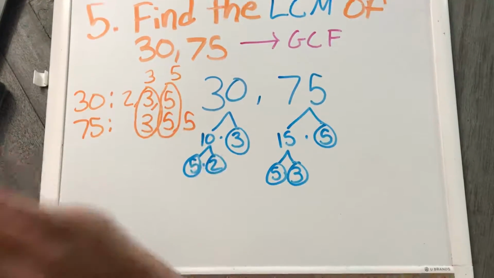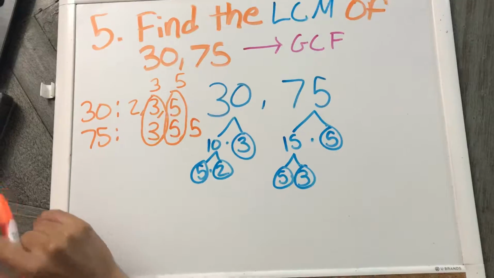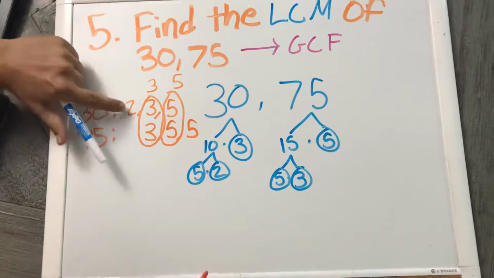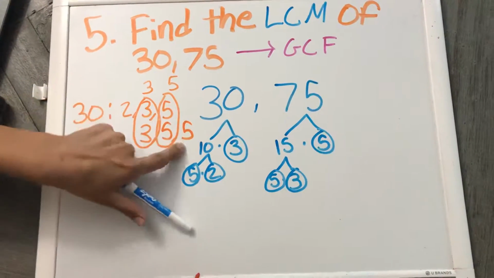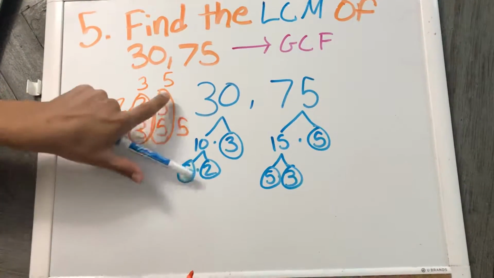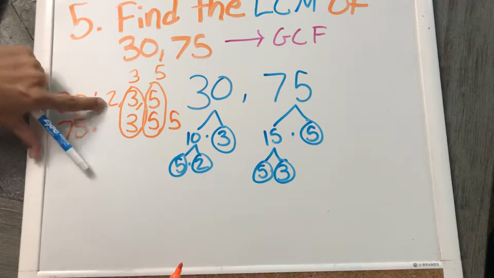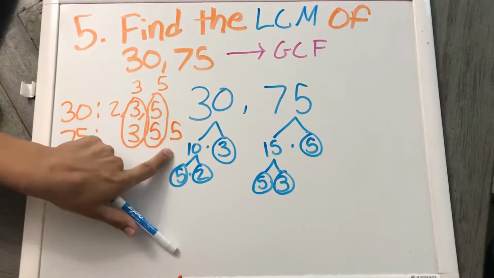So now for the LCM, the least common multiple, we will multiply all of them, okay? We don't multiply 2 times 3 times 3 times 5 times 5 times 5. No, that's the point of me circling these, and remember that we just use it one time. So when we do that, we have 2 times 3 times 5 times 5, okay?